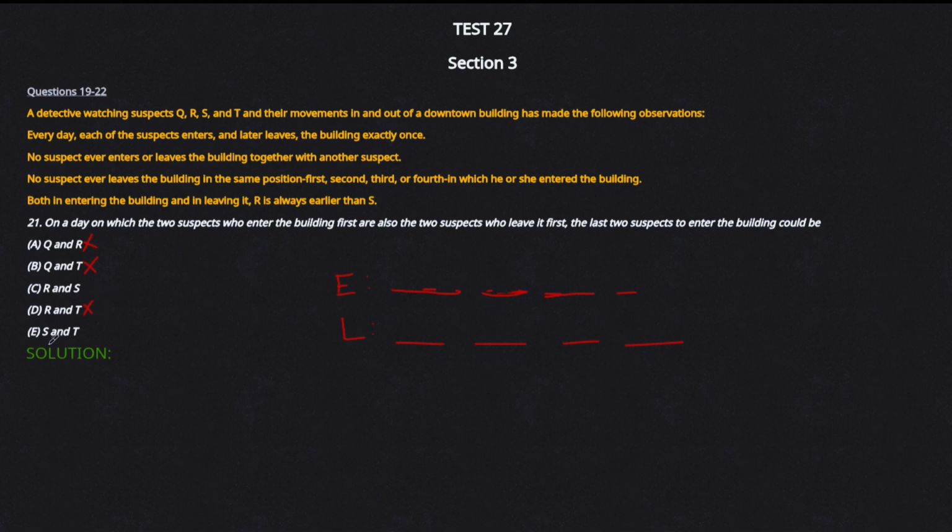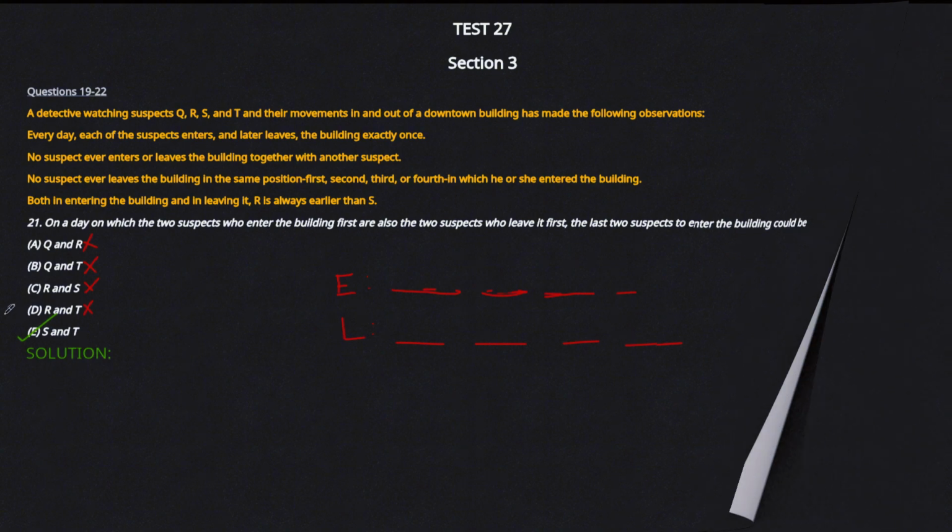Now we're left with option C and option E. But again, as I've said, R and S cannot be the first two or the last two. Because if R and S are next to each other, they need to interchange their positions, and through that we will violate the last condition. So option C is a cross out as well. So we're only left with option E, which is the rightful answer.